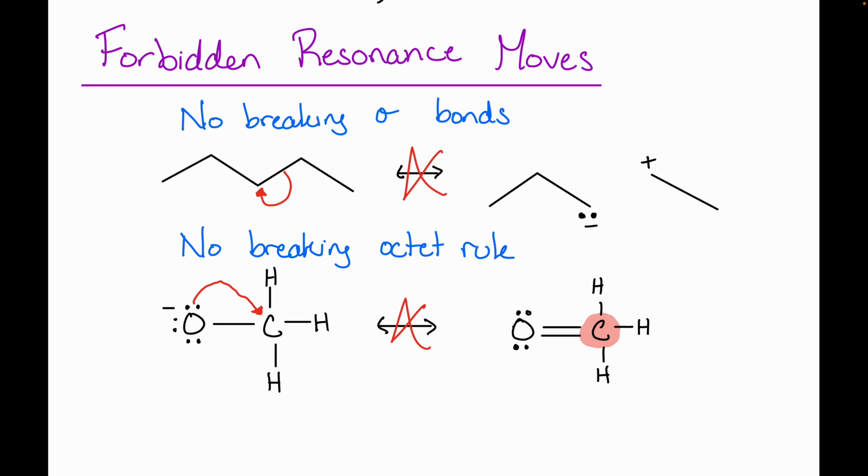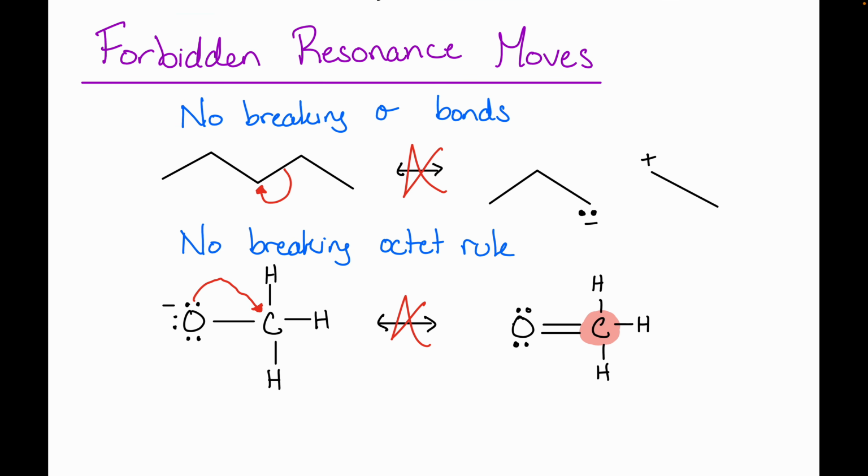Cool. All right. So we talked about what's allowed in terms of our resonance, but how are we supposed to be able to tell whether a molecule has resonance or does not have resonance, whether it has these delocalized electrons or not? So for that, we're going to talk about spotting what are called resonance patterns.